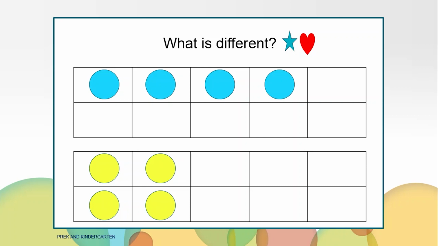It is different because the top 10 frame has 4 blue counters and the bottom 10 frame has yellow counters. It is different because of the way they show 4. The blue counters have 4 on the top row to show 4, and the yellow counters have 2 on the top row and 2 on the bottom row to show 4.